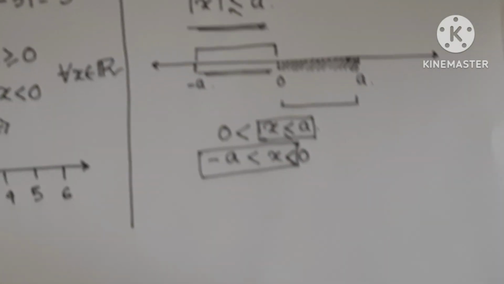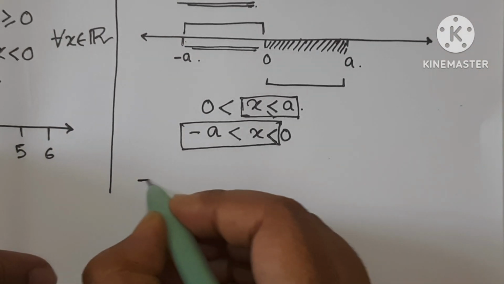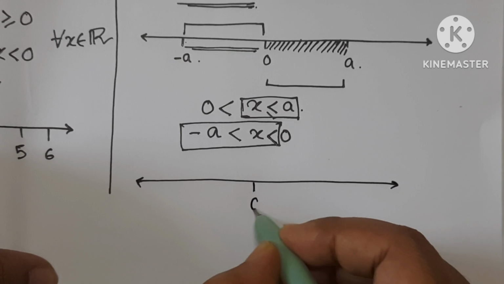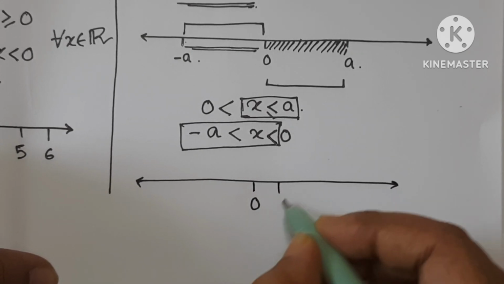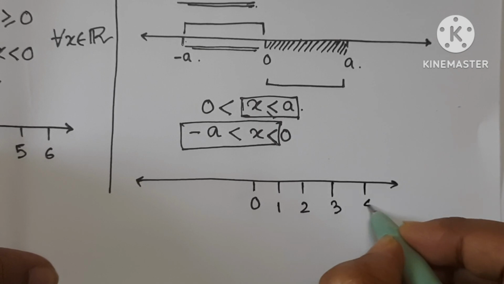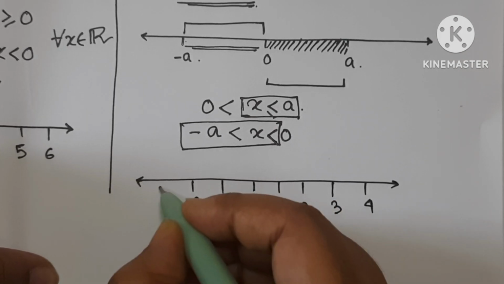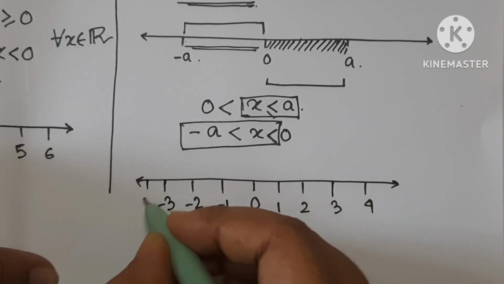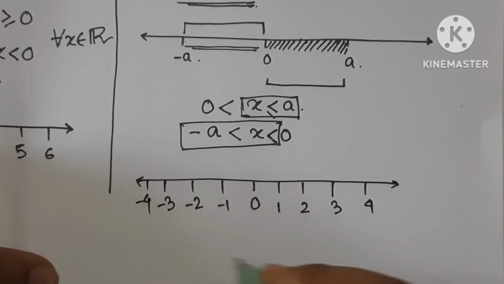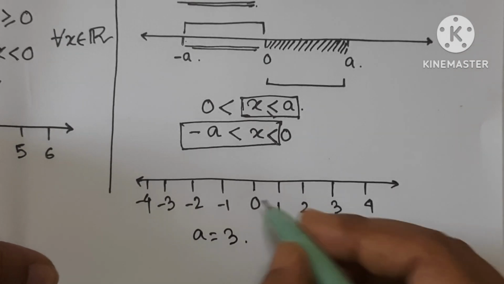Let's understand with an example. Suppose this is 0, and 1, 2, 3, 4, and -1, -2, -3, -4. Now suppose a equals 3.